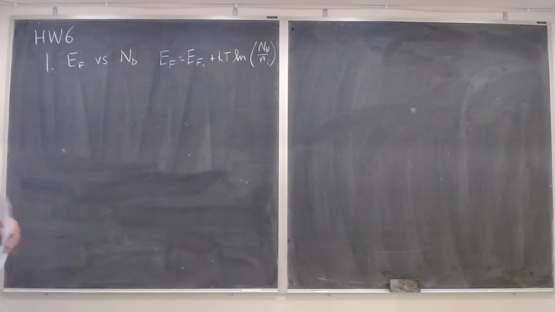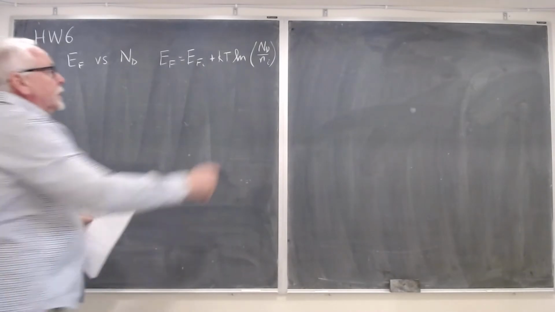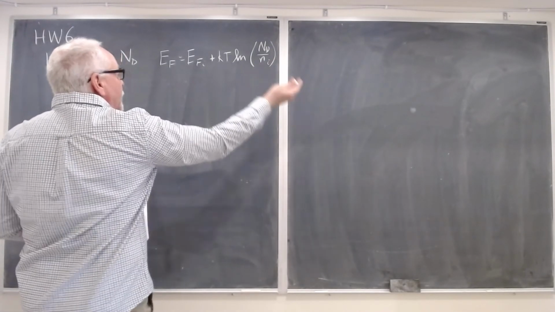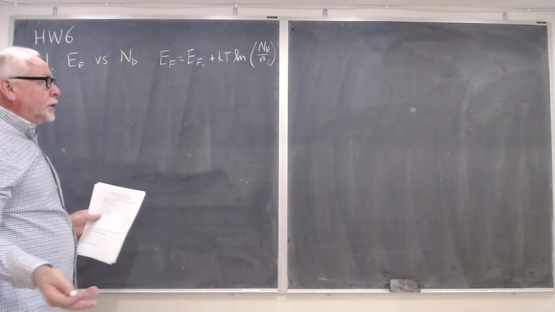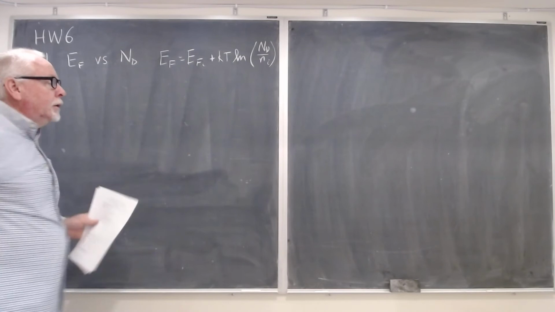So it's kind of a simple formula to remember because if ND equals NI, then the logarithm of 1 is 0, and it becomes EFI.